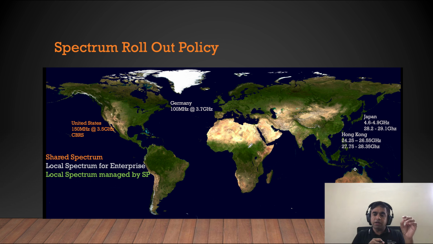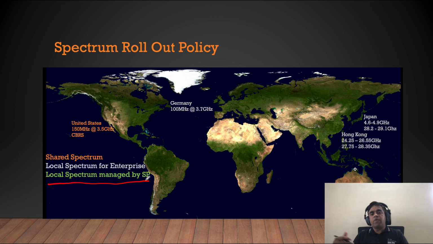The service provider is the one who had taken some licensed spectrum from the government. So the spectrum is licensed and taken from the government, and then they can further lease it or provide connectivity services to the enterprise.